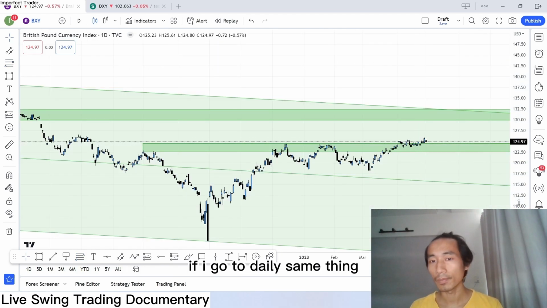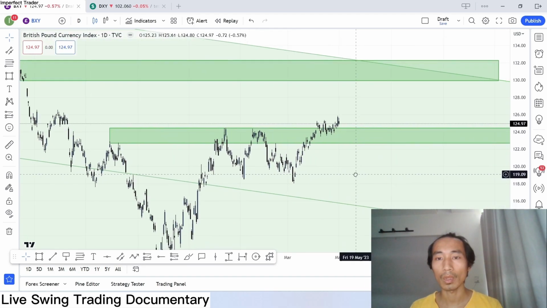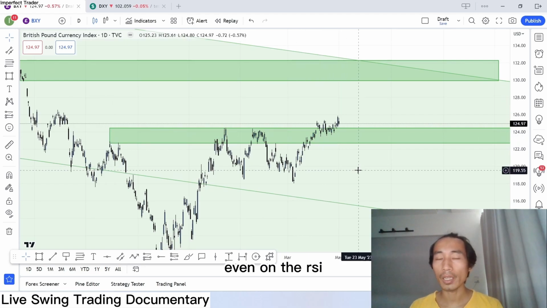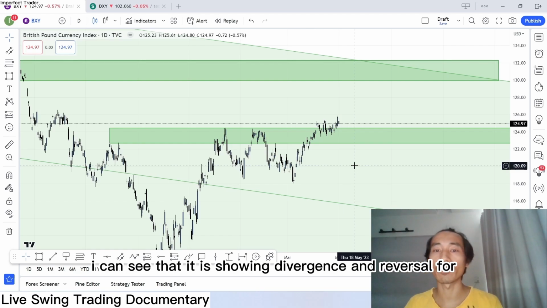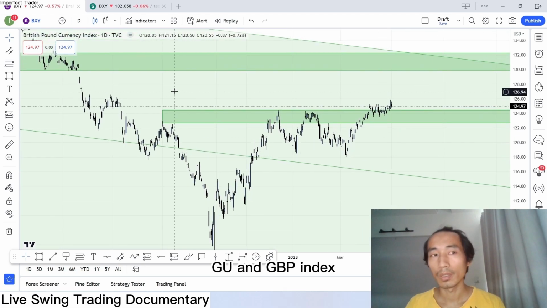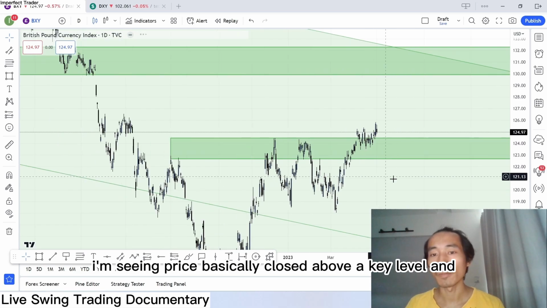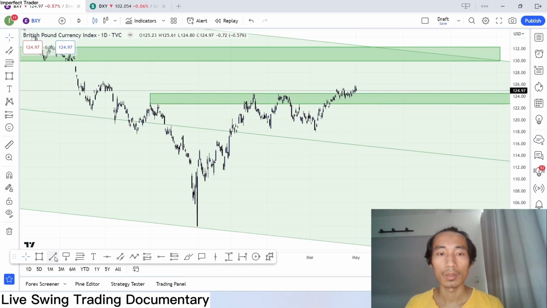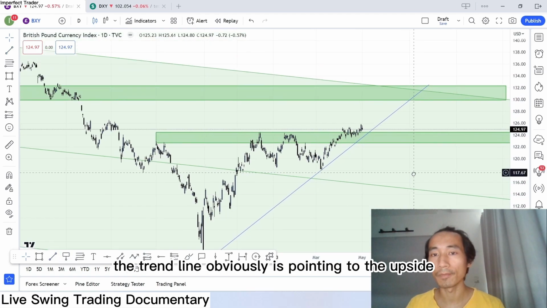If I go to the daily, same thing. Even on the RSI, I can see that it is showing divergence and reversal for GU and this British Pound Index. But from what I'm seeing, price basically closed above a key level, and the trend line is obviously pointing to the upside.